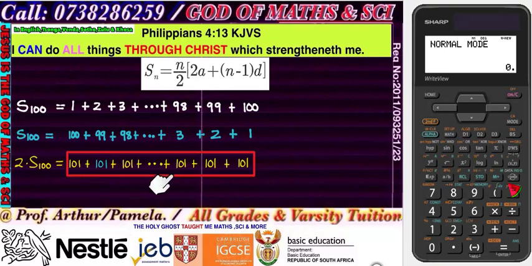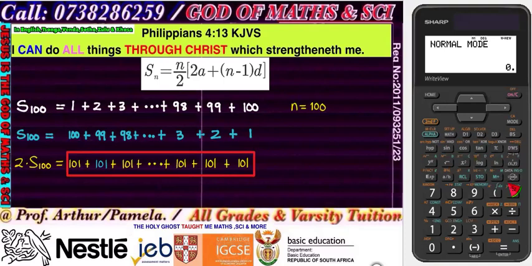But how many of these will there be? Remember, we were working for 100 terms. So I'm going to make you note this. So that means our n equals 100. We've got 100 terms. So instead of writing all of these numbers, all 100 of them, you can simplify that by simply doing this.